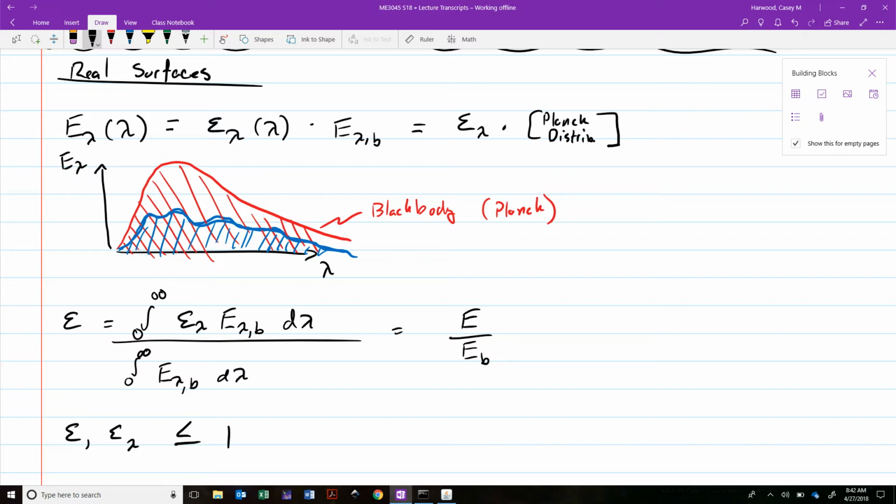There are some surfaces that behave like black bodies pretty well. Celestial bodies, the sun, etc., are pretty good about this. But for any real surface, you hit a cap right here, which goes hand in hand with what I was saying before, that a black body is the perfect emitter. So all this is saying is graphically, this blue curve can never go above the red curve, and the area under the blue curve can never exceed the area under the red curve.